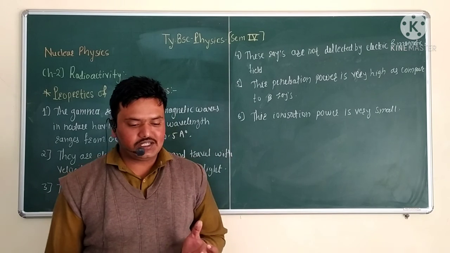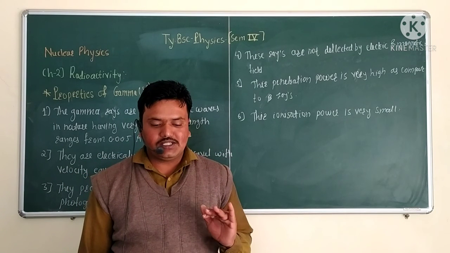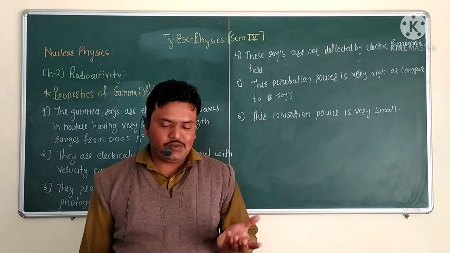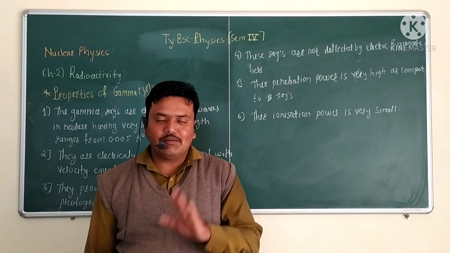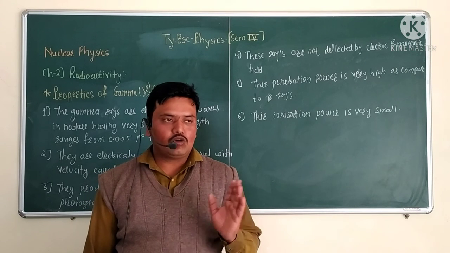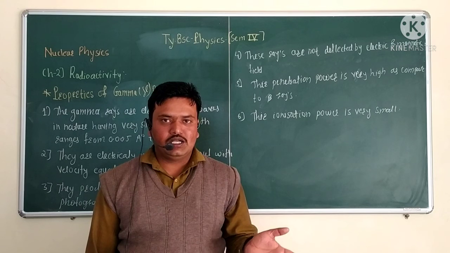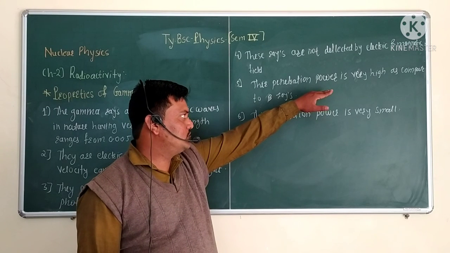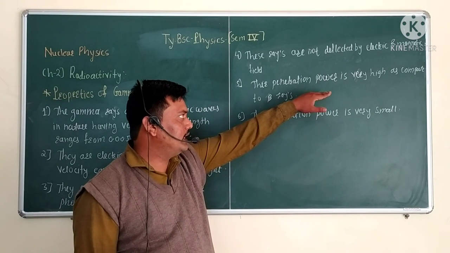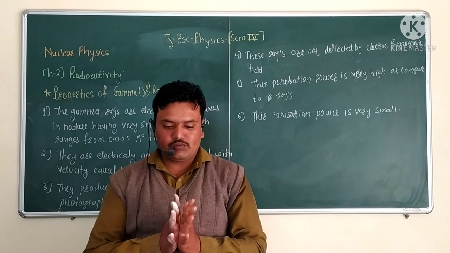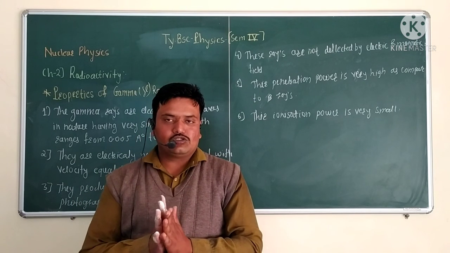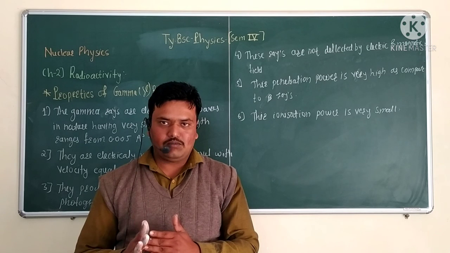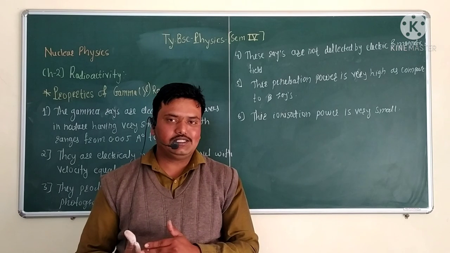They are not deflected by electric and magnetic fields. Their ionization power is very small and their penetration power is very high as compared to the beta rays. So these are the properties of alpha rays, beta rays and gamma rays.